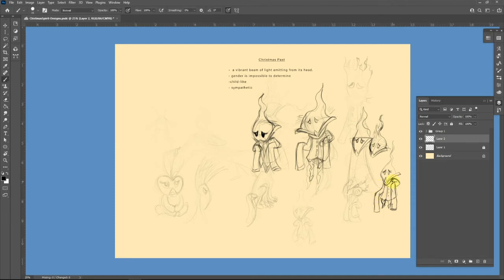I decided to give him some little flamey feet. Okay, I set to trying to recapture the V shape I liked in the original design. But I think ultimately I decided to basically stick with how I originally drew it.